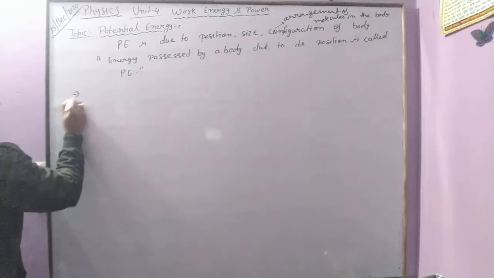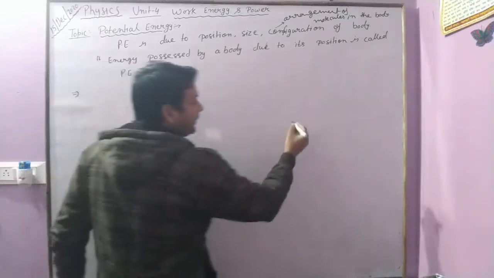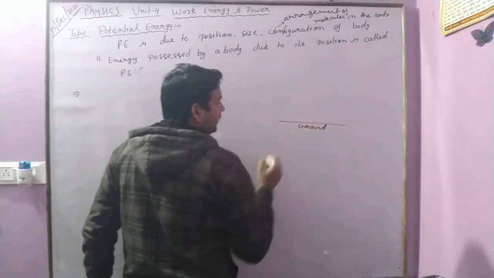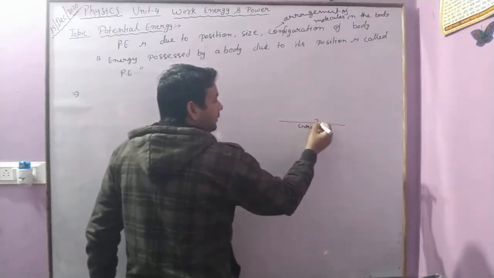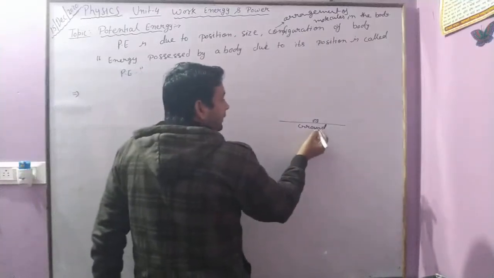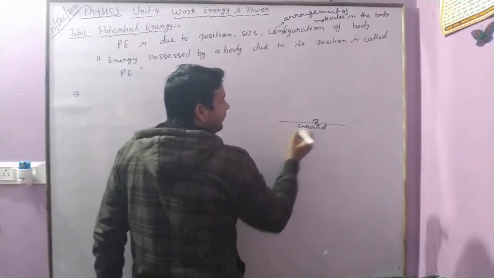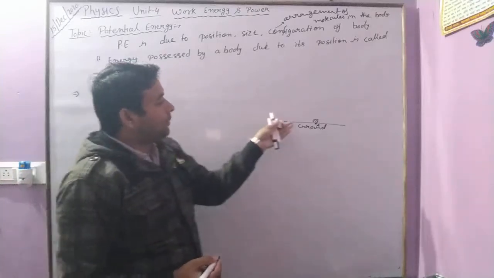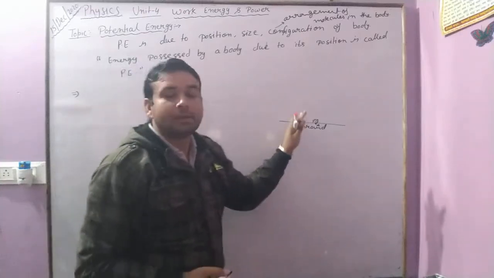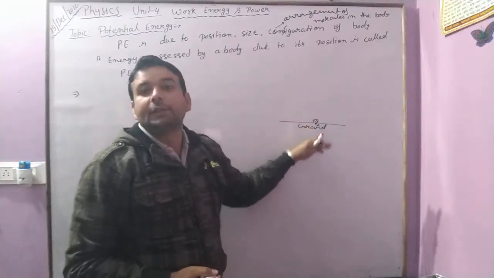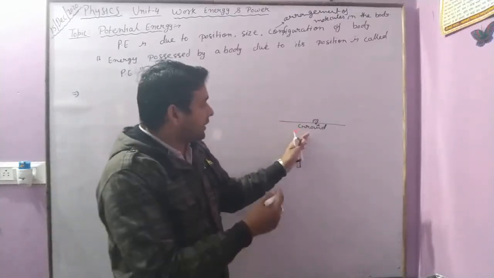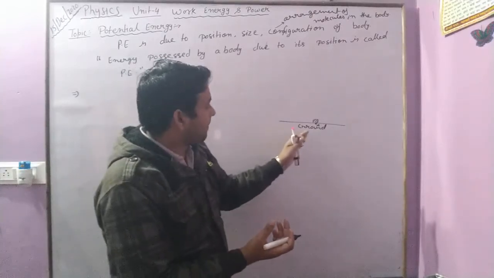For this, suppose this is the ground, and initially a body is at the surface at a position, let's say position A. If we apply a small force, we observe that the body is not displaced, which indicates the body has a locational property.